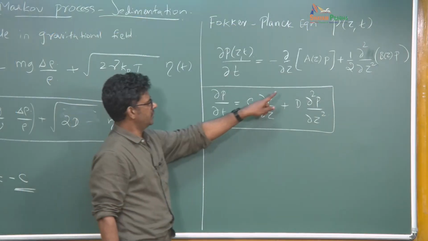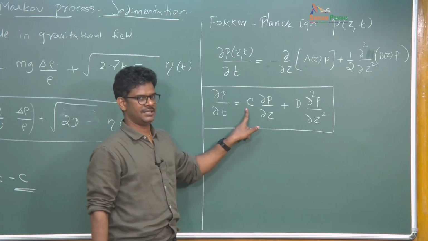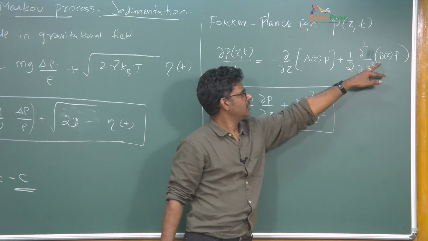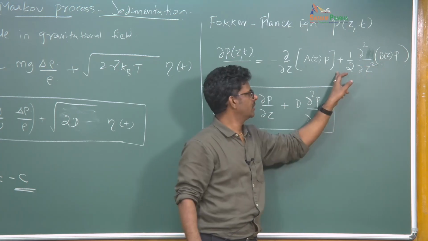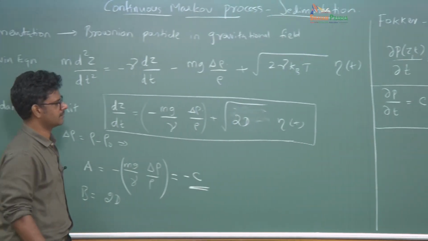Once you substitute A equal to minus C, there is already another minus, so it becomes plus C. C is a constant, so it comes out of the differential, and here you substitute B equal to 2D, the 2 gets cancelled, and you get D times this.